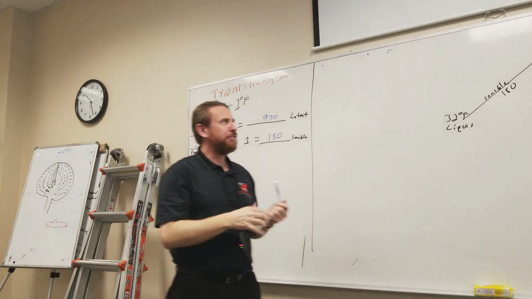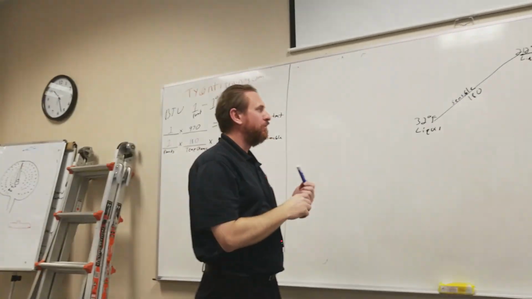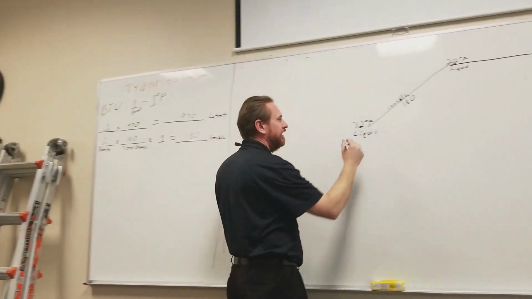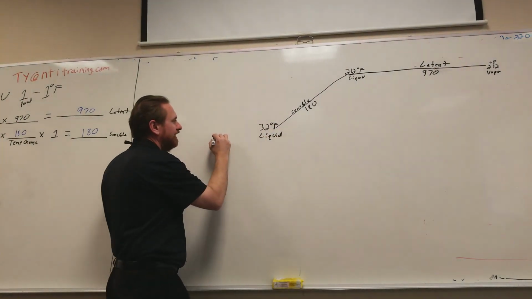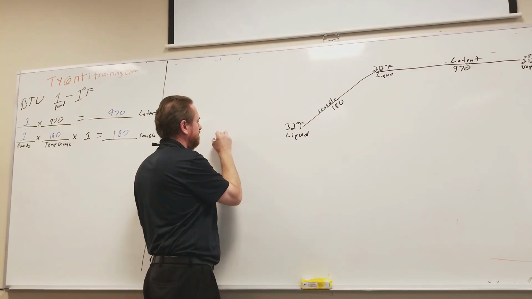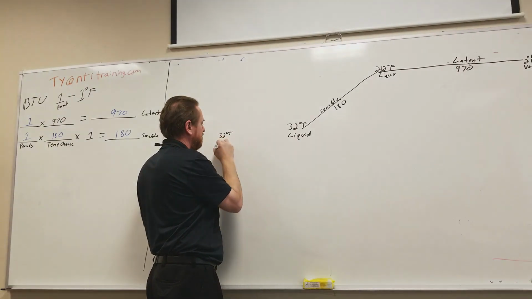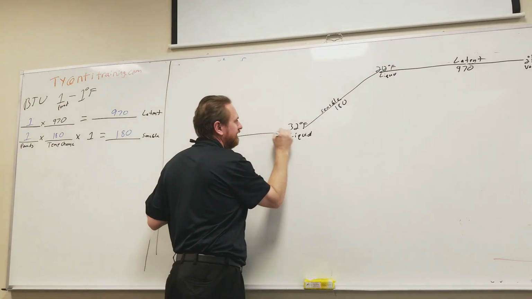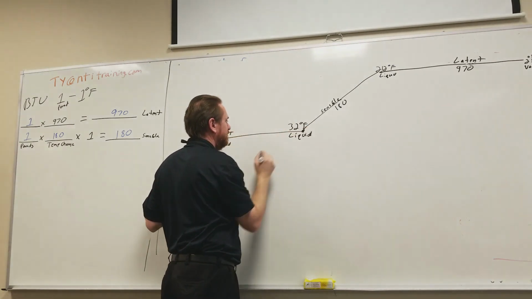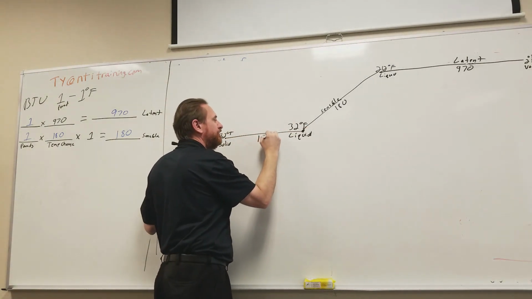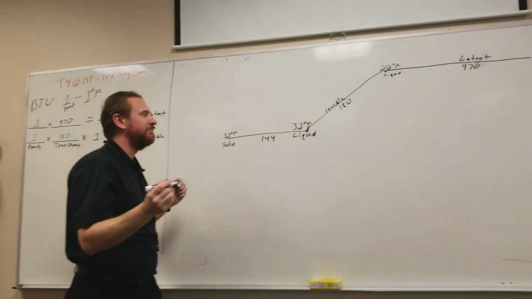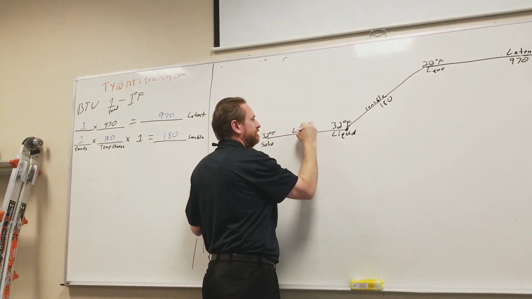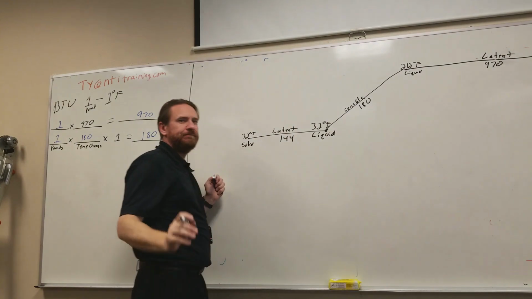Okay. So the other thing that we learned before was taking 32 degrees Fahrenheit solid to 32 degrees Fahrenheit liquid. It takes 144 BTUs per pound. And is that sensible or latent? Something different.